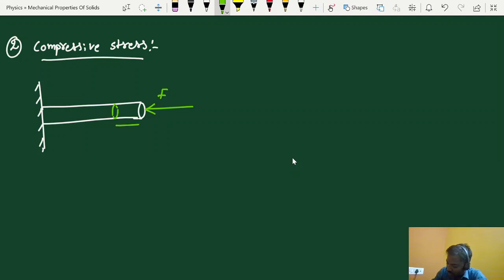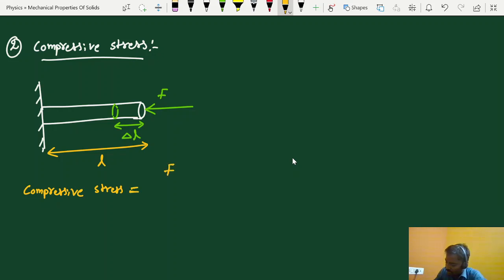Because of this, there is a change in length of delta L, whereas the original length of the rod is L. So in this case, the compressive stress is defined as the compressive force per unit area. There won't be any change in the definition; it depends on how the force is acting. This is also longitudinal force only, but here the length is decreasing. So the longitudinal stress due to decrease in length is known as compressive stress.